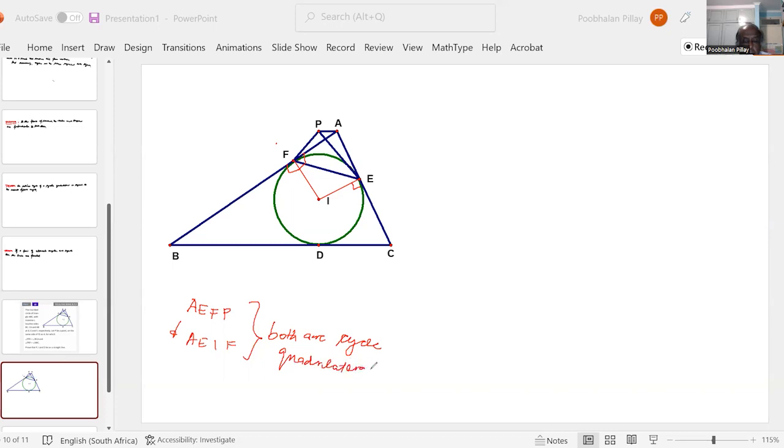So we still don't know, anywhere near, how to prove that P, I, and D lie on the same straight line.